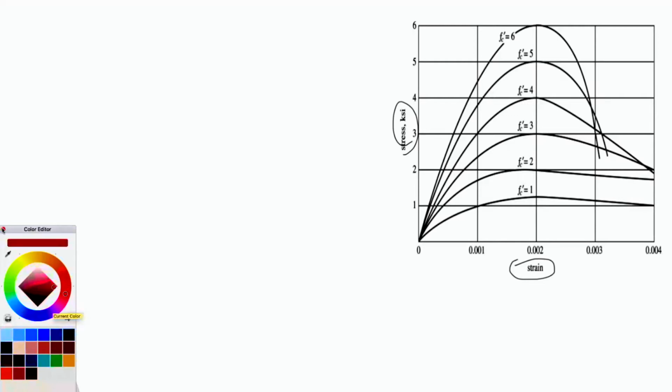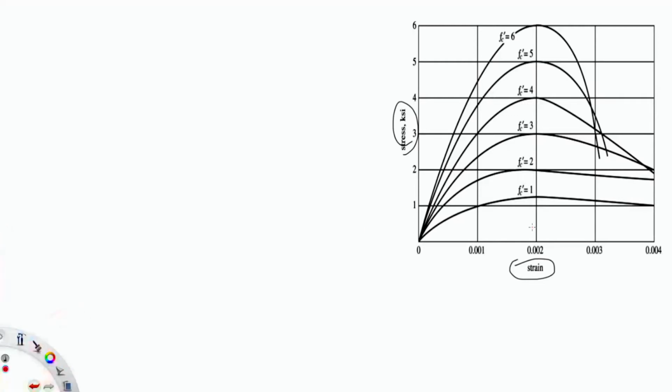The graph is telling us that regardless of the strength of the concrete, because f'c indicates the strength, the concrete can reach an ultimate strain of 0.002. 0.002 is the compressive strain, the ultimate strain of the concrete.